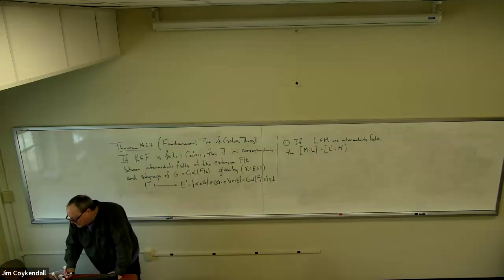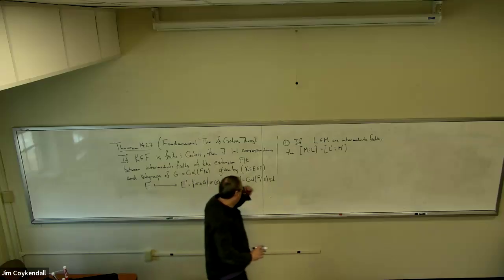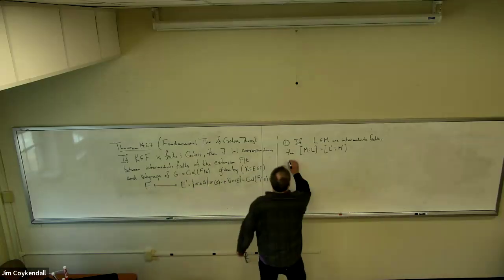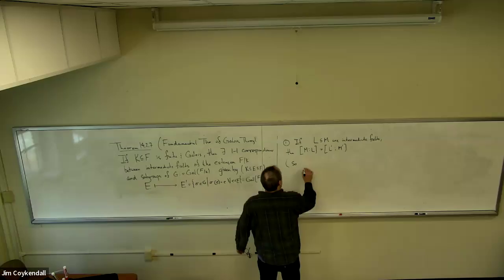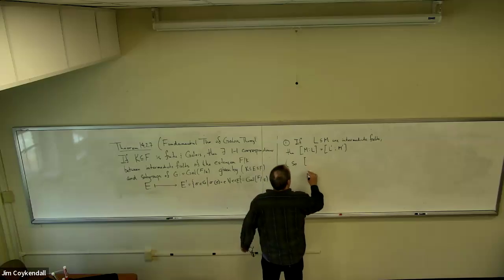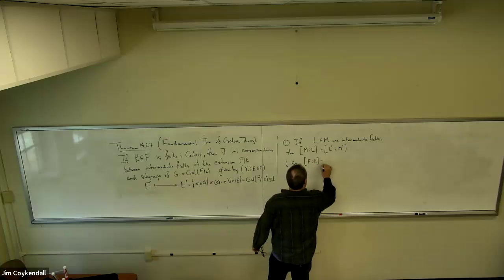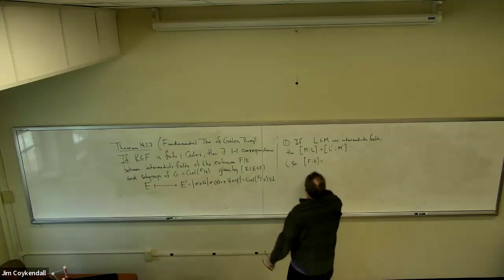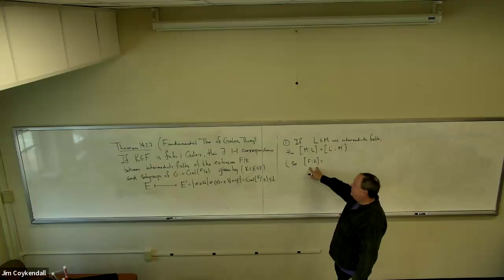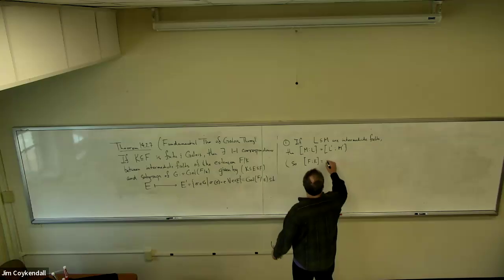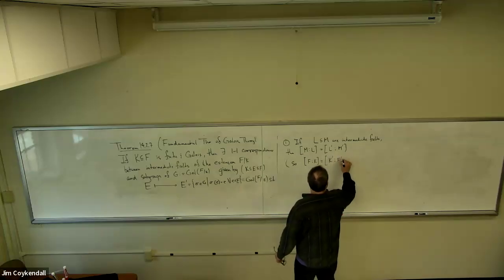So in particular, if this is Galois, this is the degree of the whole extension F over K. This should be K prime over F prime.